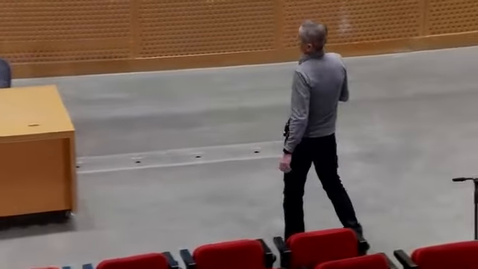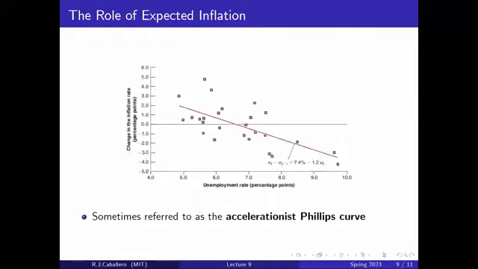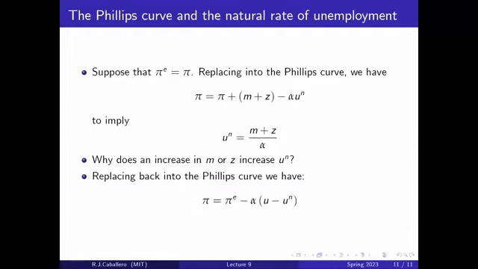And that meant that during that period, the Phillips curve looked more like a relationship of the change in the inflation rate as a decreasing function of unemployment. So when you increase unemployment here, you reduce the rate at which inflation is rising. That's the case in which expected inflation is de-anchored.